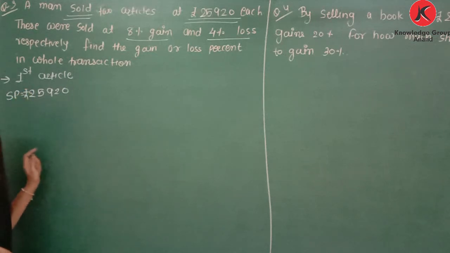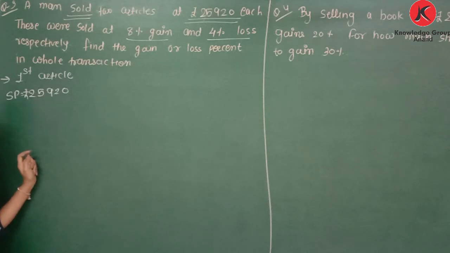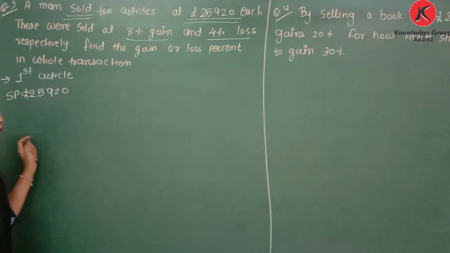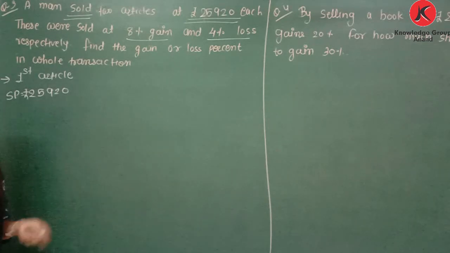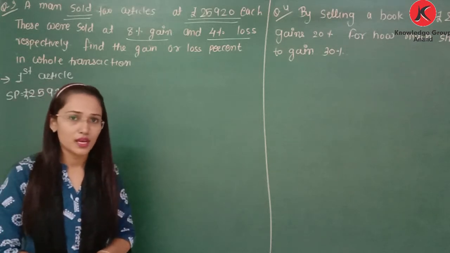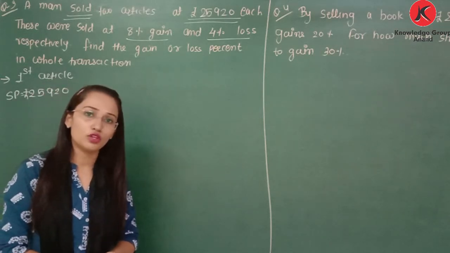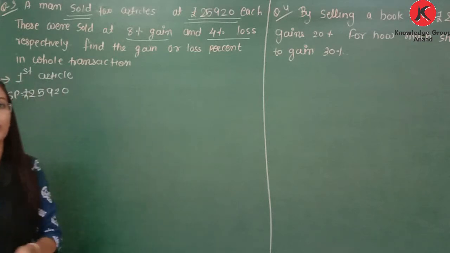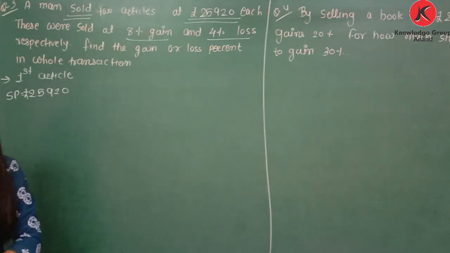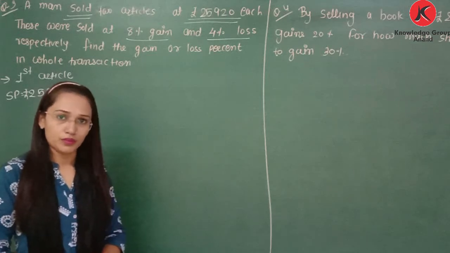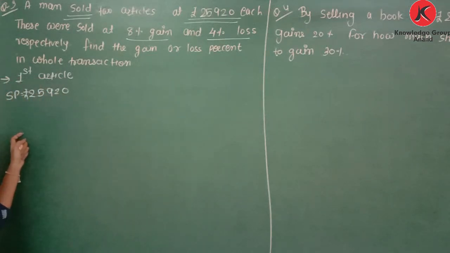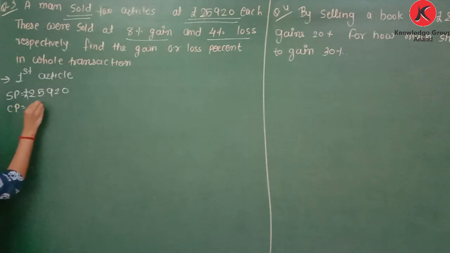If the cost price is not given, then how can we say that it is a profit or loss? For example, if you have a selling price of 12 rupees, how can I say whether you get profit or loss? If you say that your cost price is 10 rupees, then I say that you have a profit of 2 rupees, and if you say that cost price is 14 rupees, then I can say that you have a loss of 2 rupees. Clear? So first of all we need to find the cost price from the selling price.